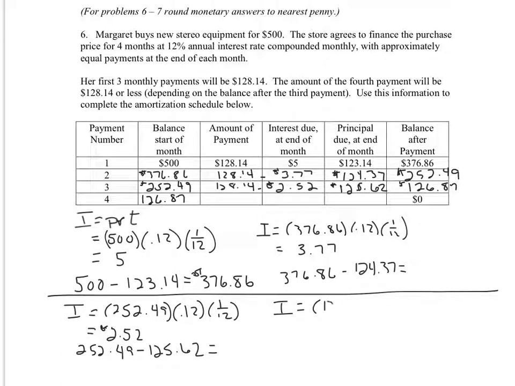So let's see what happens if we take 126.87, we multiply it times 0.12, and then multiply it again times 1 over 12. Put that in the calculator.